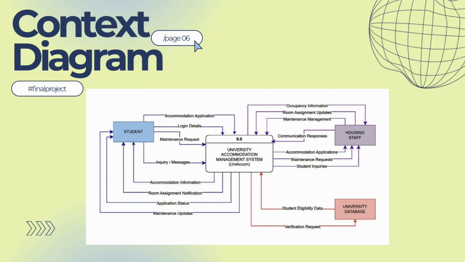The university database supports the application process by providing student eligibility data when the system sends a verification request. Overall, the context diagram shows the main data exchange between UniAccom and its external entities without showing the internal processes.